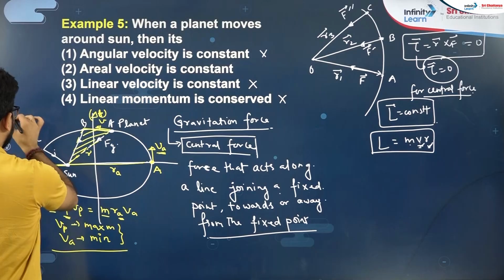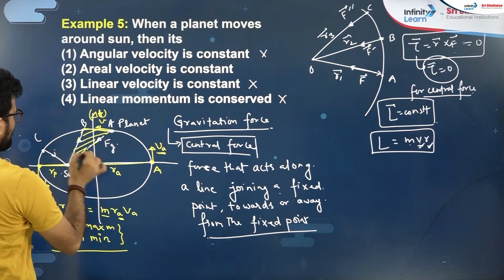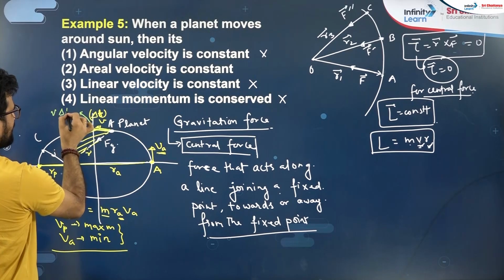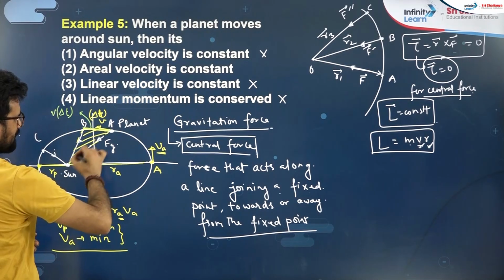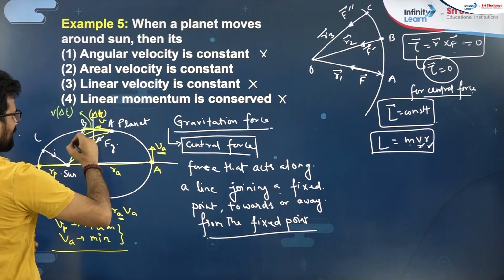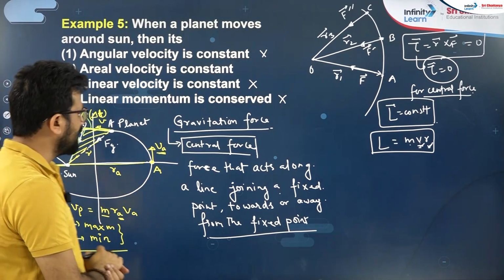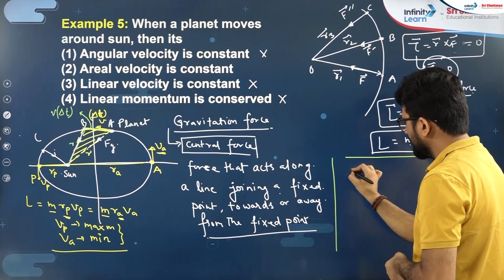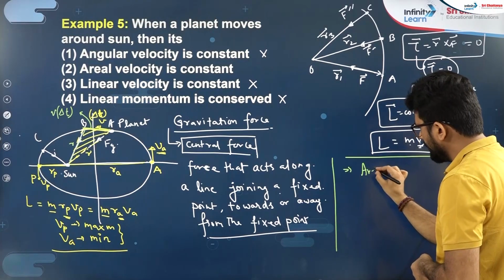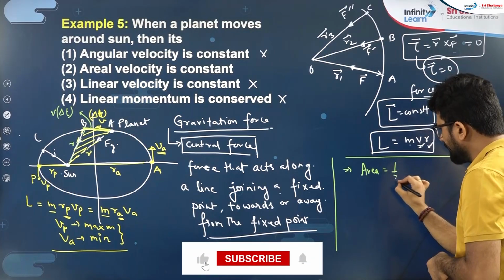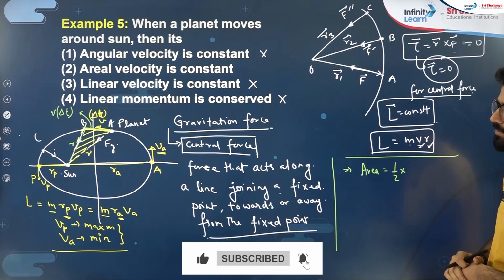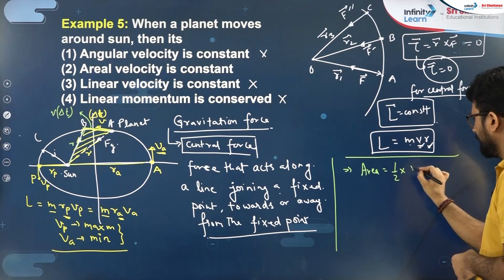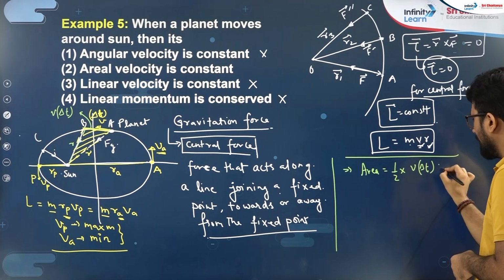So I can write this in a different color. You will understand this length is nothing else but v into delta t, and this distance is approximately r. So if I want to write the area of that triangle, we have assumed it is approximately 1 by 2, base into height, so that is equal to 1 by 2 v into delta t into r.